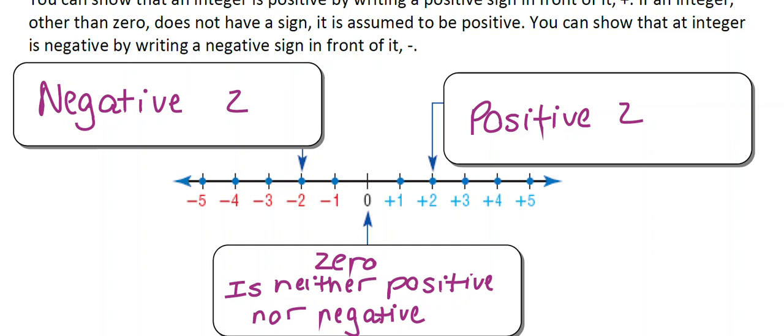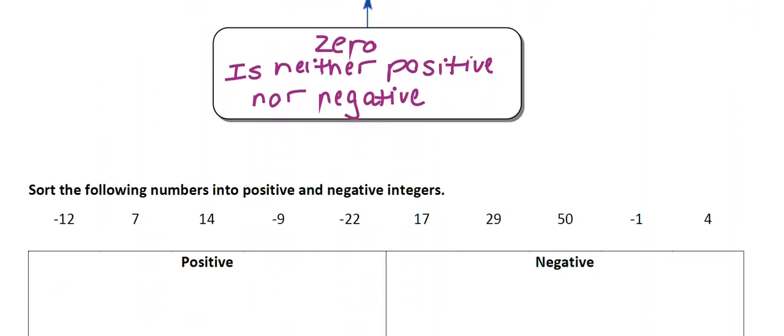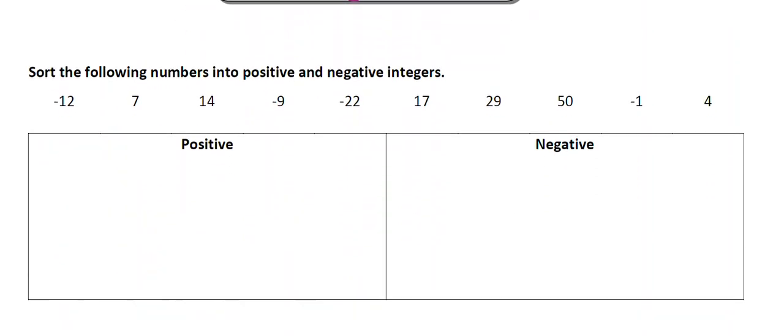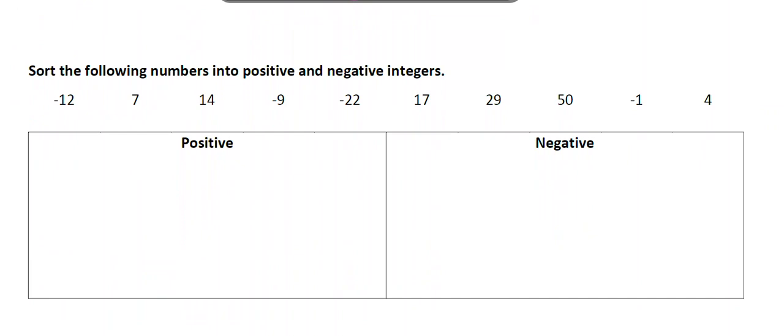Okay, so let's talk about sorting numbers into positive and negative. Positive numbers are just your plain numbers. Negative numbers have that negative sign. So if we look at the first one, negative 12, with that little minus sign in front of it, that's a negative number. I'm going to cross it out because I used it. The next one is 7. That's a positive number. 14 is positive.